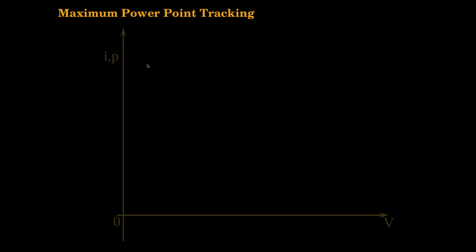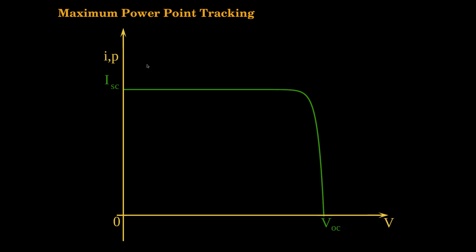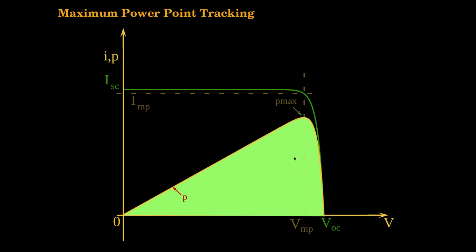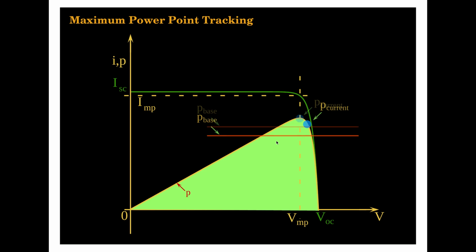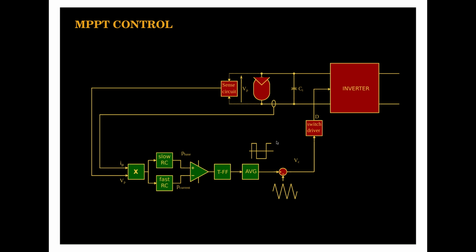Maximum power point tracking, how do I introduce it? Let us say we take one of the algorithms. Remember the hill climbing algorithm where we had a P base and the current value of the P moving up. Similar algorithm.